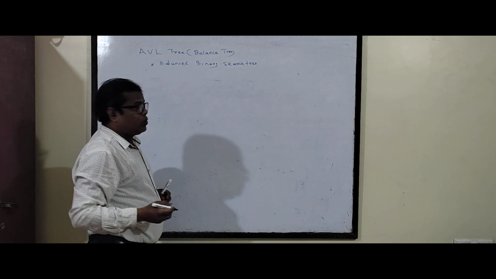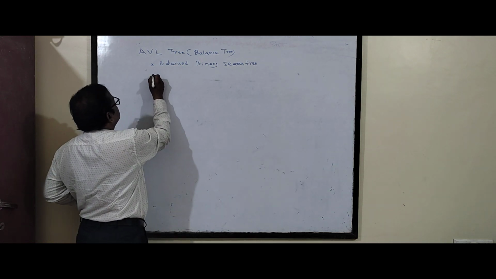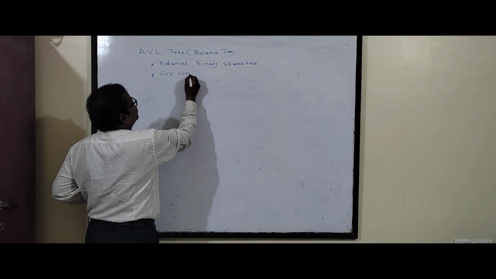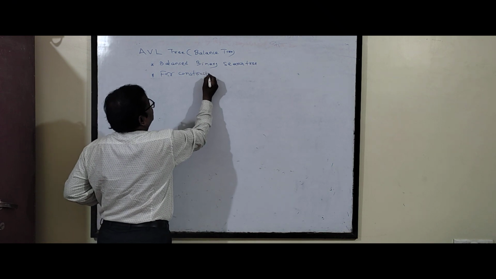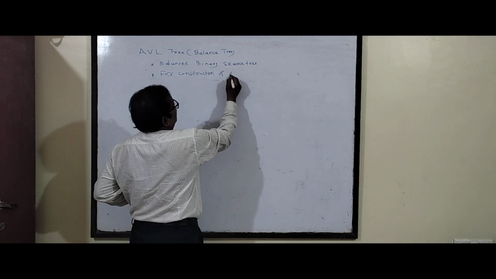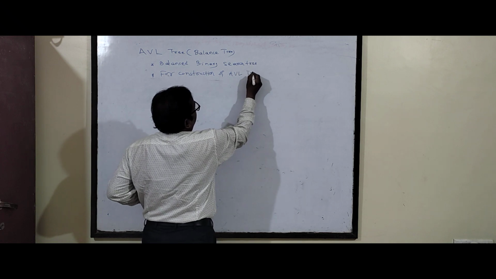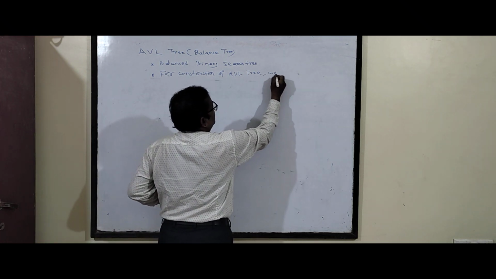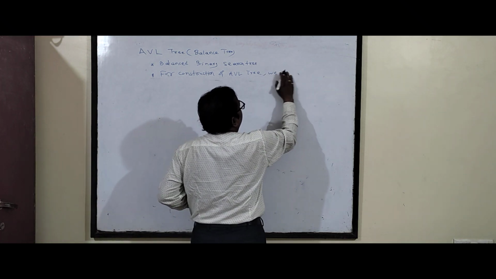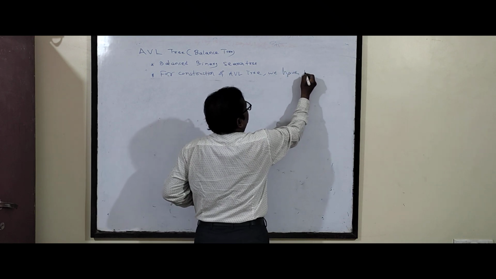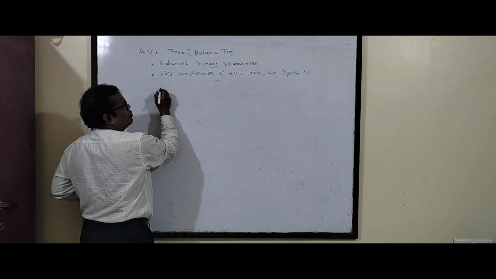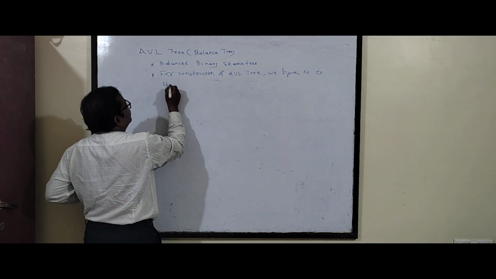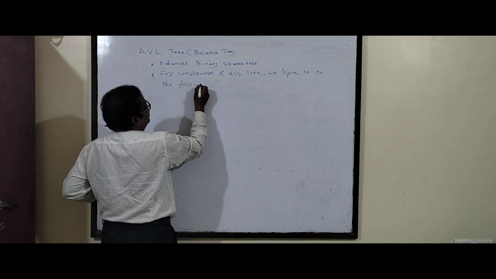Okay. So, for construction of an AVL tree, we have to do the following rotations.